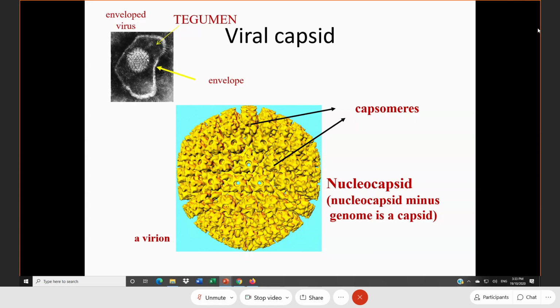So the whole thing becomes the capsid. Nucleocapsid stands for nucleic acid and capsid. Sometimes when we say nucleocapsid, it is a term to indicate nucleic acids together with the capsid. Okay.